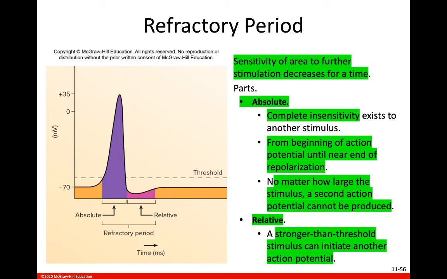Once that action potential has been generated in one part of the axon, there is an absolute refractory period in that part of the axon, meaning it is completely insensitive to another stimulus. Another stimulus is not going to open up channels and allow more sodium ions to come in to generate another action potential.